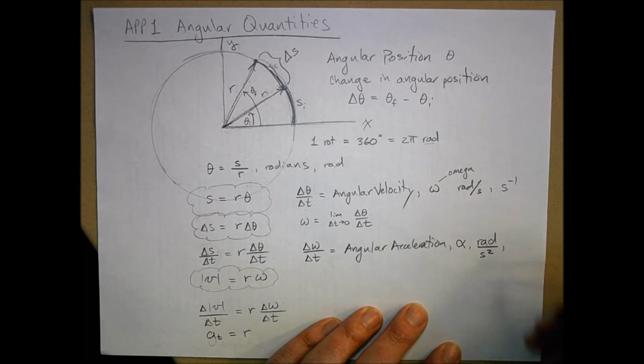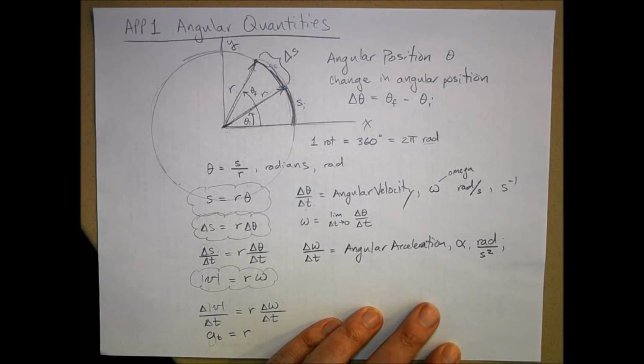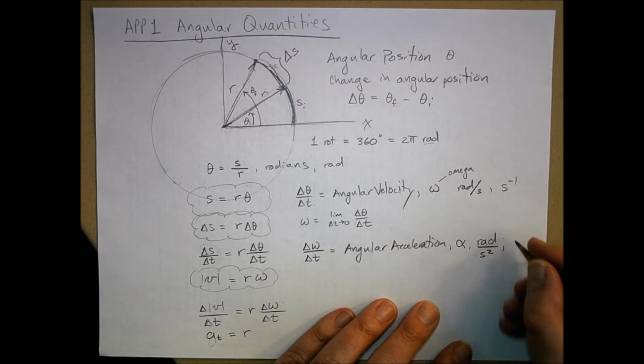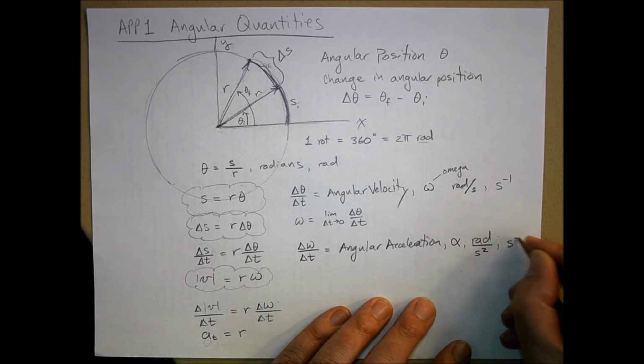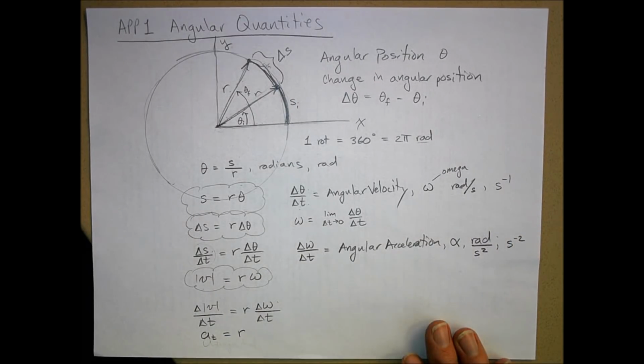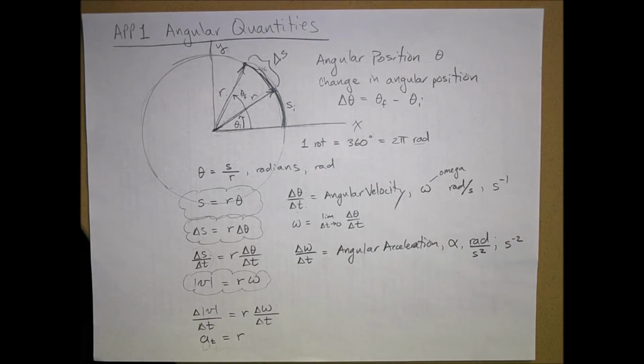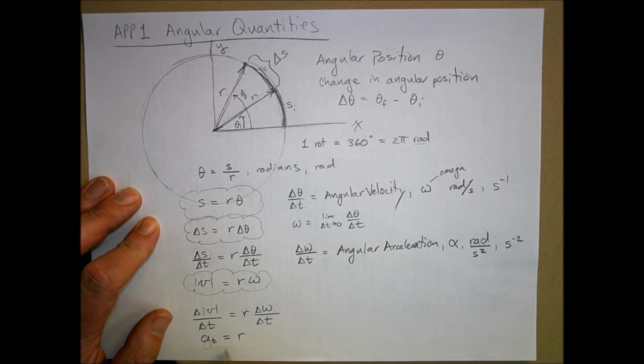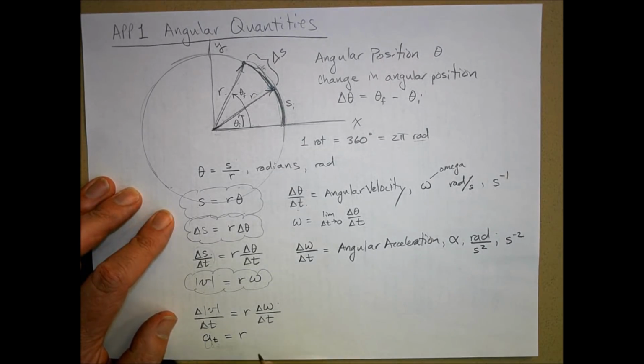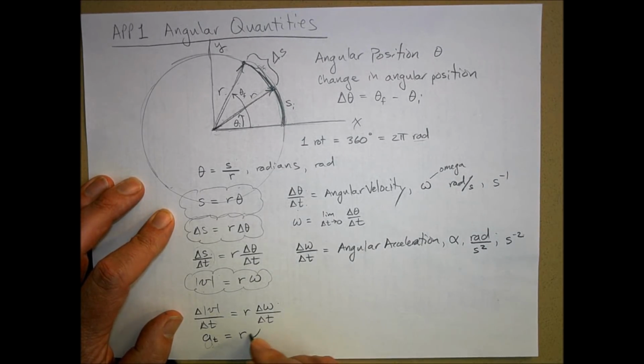But since radian is a dimensionless unit, it's a ratio, length over length, sometimes you'll see it written as s to the negative 2. Don't worry about that. I always use radians per second squared. So this acceleration, the rate at which I change my speed, is r times alpha.